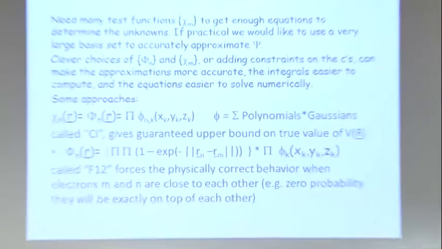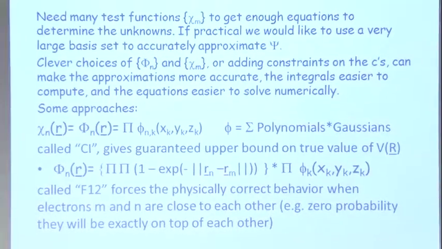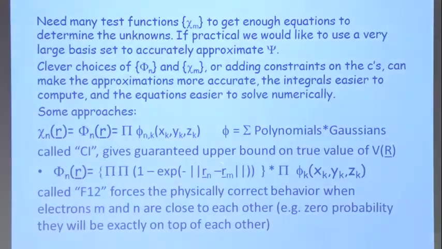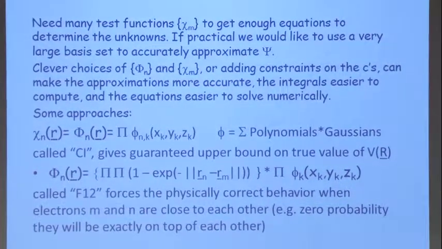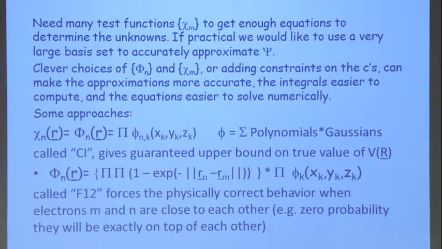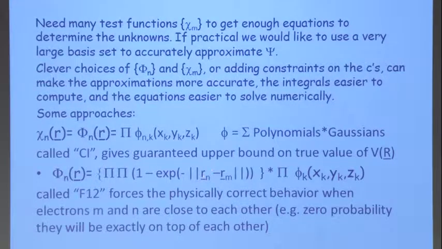So people discovered if instead you pre-multiply this kind of basis function times this factor, where this is for all the pairs of electrons, electron 1, electron 2, electron 1, electron 427, however many electrons you got. If you add in a whole bunch of factors like this, these factors are designed so that when these two r's are equal, the positions of the two electrons are the same, this thing goes to 0.